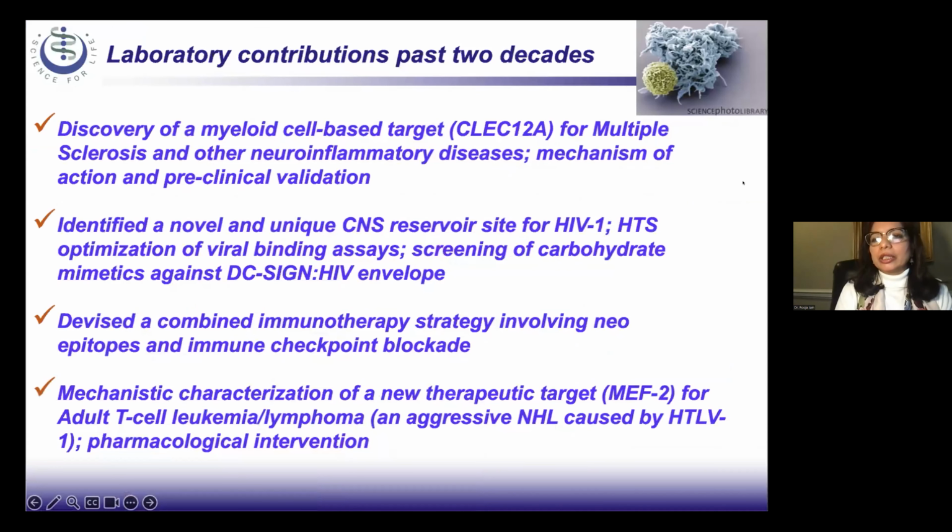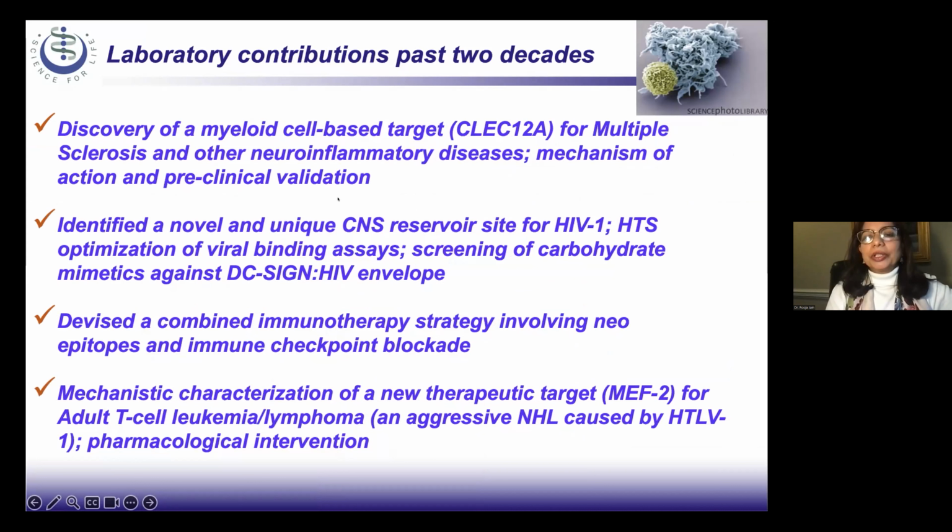For the last over 2 decades, my lab has made some seminal contributions and discoveries in the field of neuroinflammation and also virus-induced cancers. We have discovered a myeloid cell-based target for multiple sclerosis and other neuroinflammatory diseases, and we have done the preclinical validation.